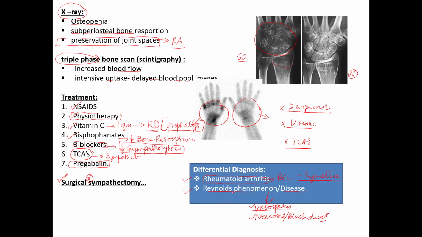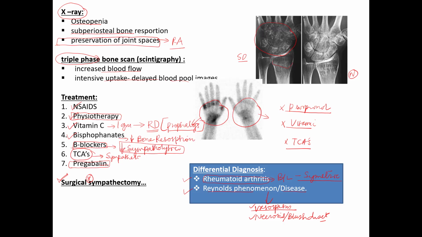This is all about my topic today. Just to remind you, reflex sympathetic dystrophy happens after a fracture. The pathology behind it is increased vascular autonomic activity due to unknown reason. The patient is having either motor system involvement or autonomic involvement, or the sweat gland activity or pseudomotor activity is disturbed. You will diagnose it by X-ray, and the special feature is there is no arthritis, only osteopenia and bone resorption.